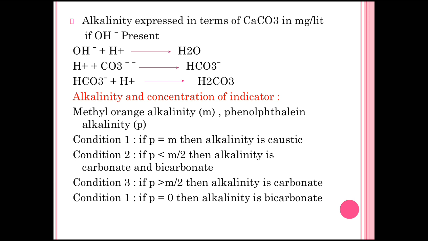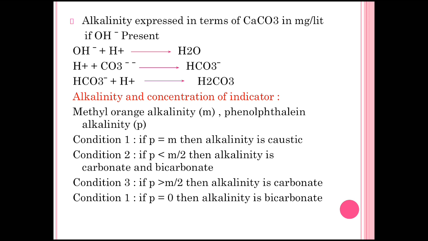Now, what happens to the alkalinity when the concentration of the indicator is equivalent to that or more than that, which condition is applied? This is important from the exam point of view.